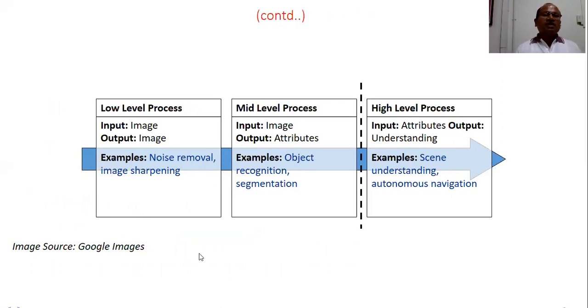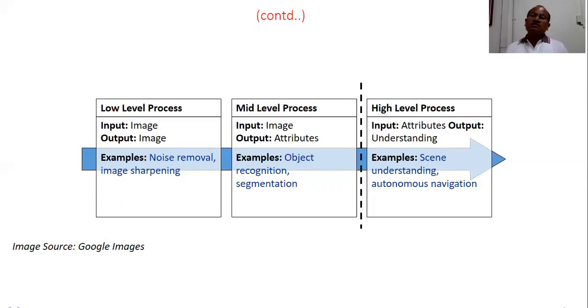We can see that in the low level, input is image, output is image, where the examples are noise removal and image sharpening. Image sharpening means you are interested to sharpen some particular portion of an image. Maybe you want to improve the edges, you want to highlight certain portions, certain areas.